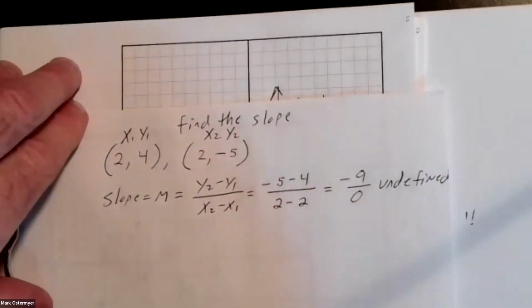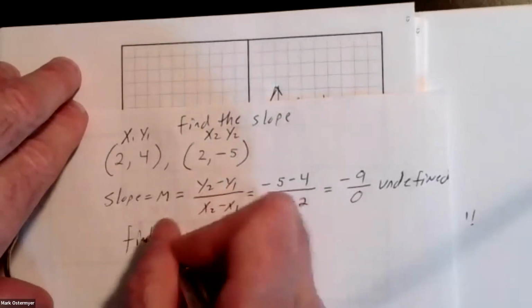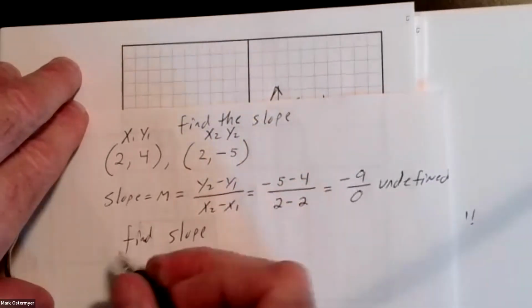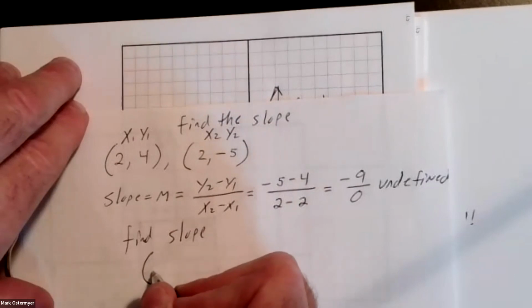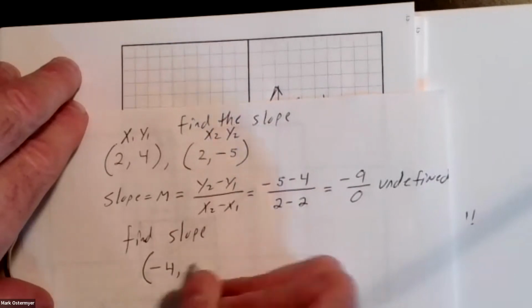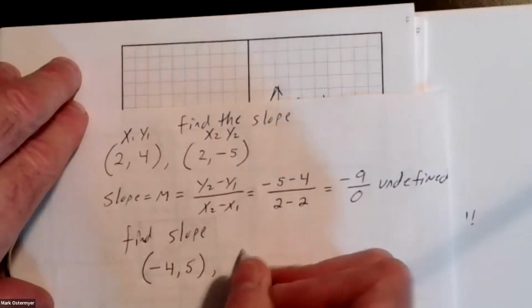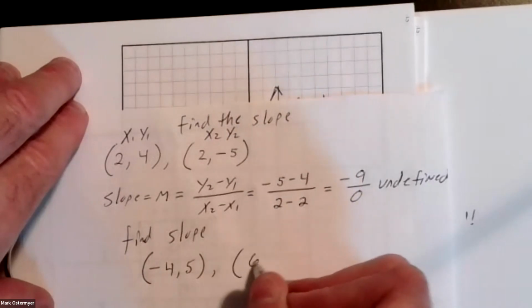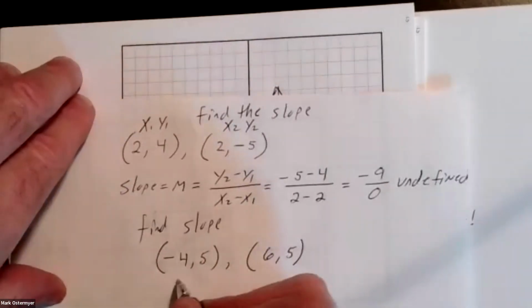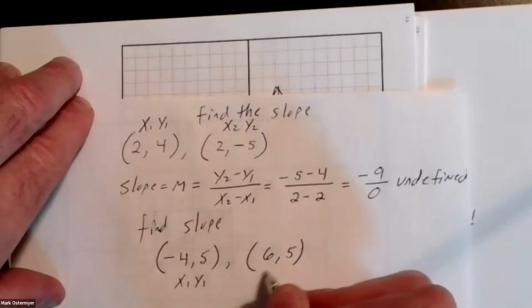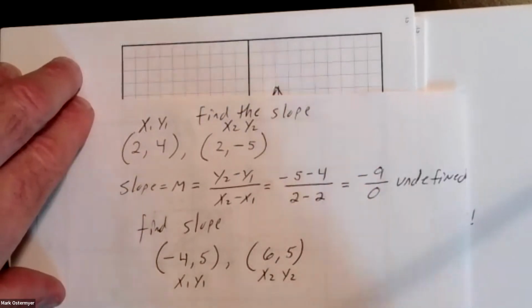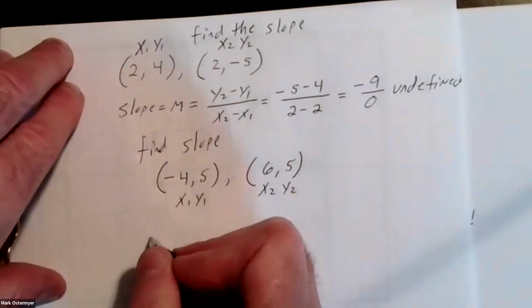All right, suppose we want to find the slope of the line that contains these 2 points here, -4, 5, and let's say 6, 5. We'll call this point x1, y1, designate this as x2, y2. Let's compute the slope of this line.